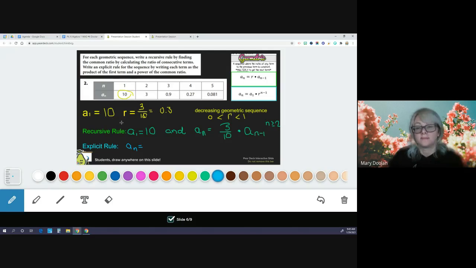It's 10. 10 times r. R is 3/10 or 0.3. You can write it either way. Let's use 0.3. And then this number is being raised to the exponent of n minus 1. All right, so that's our recursive rule in green. That's our explicit rule in blue.